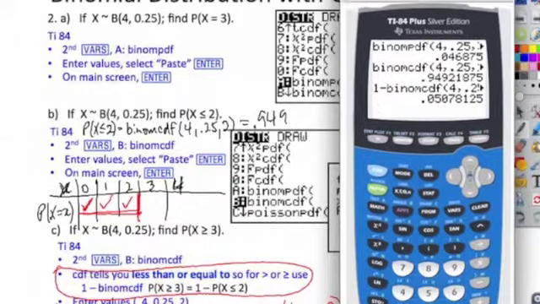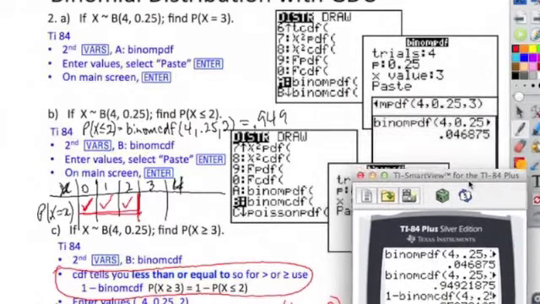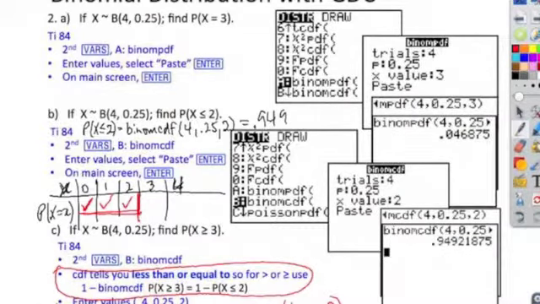And there you get the answer, 0.0507 or 0.0508, I guess. Which again is just the complement of the answer that you found in part B. All right, next question.